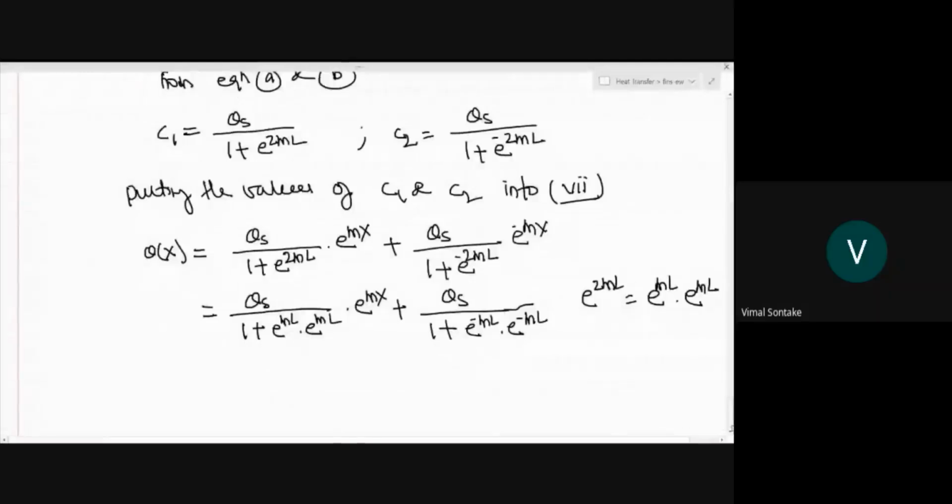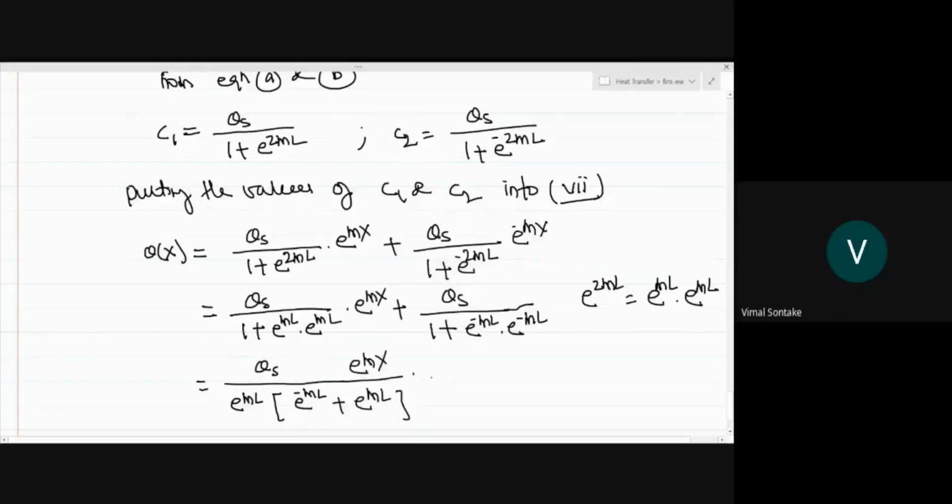Now I take e to power ml common. So theta s over e to power ml. So what will remain here? Here I want 1. So it will become e to power minus ml. So e to power ml into e to power minus ml, it will become e to power 0, that is 1. And the second term will be e to power ml into e to power mx.